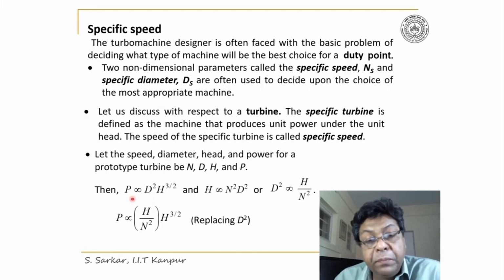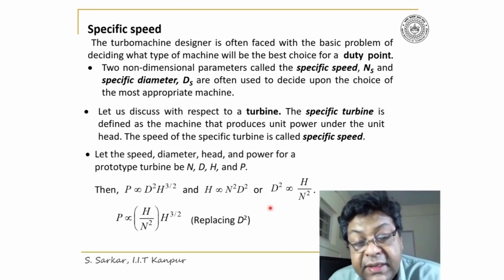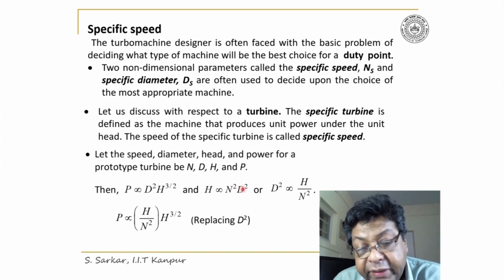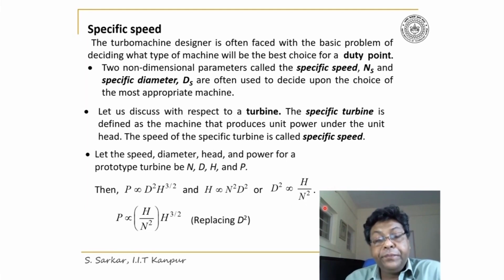So we know P is proportional to D squared H to the power 3 by 2, and H is proportional to N squared D squared. Thus, from this relation, I can write D squared proportional to H by N squared.